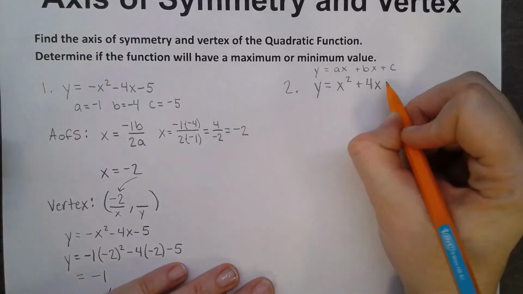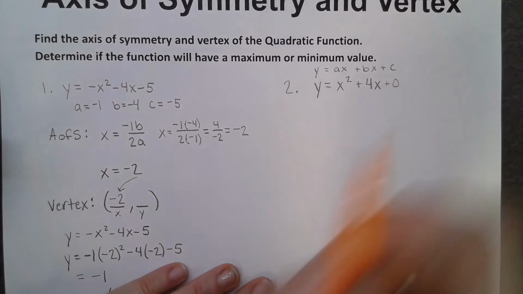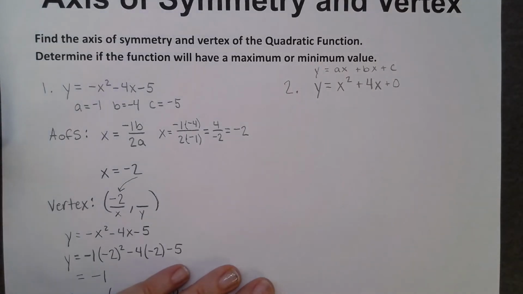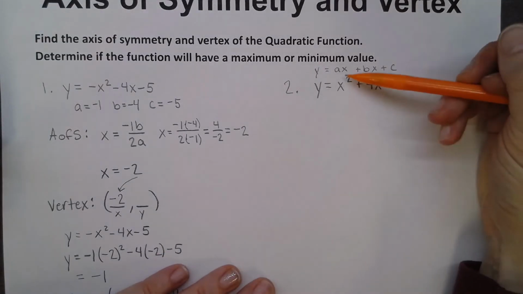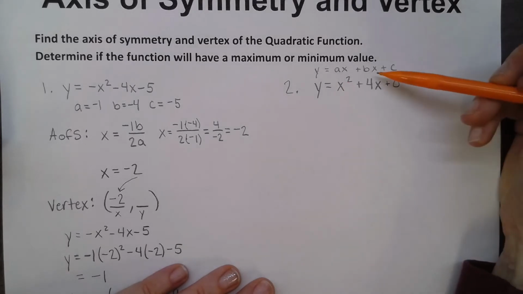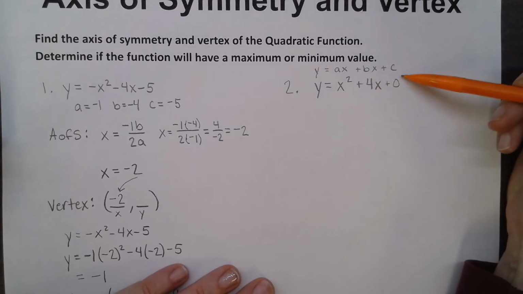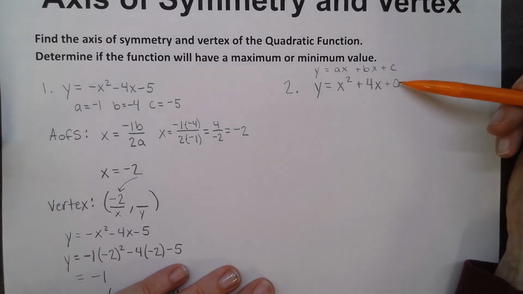So if you want to, you could add a 0, because that's what your c value is equal. Our ax squared term we have, our bx term we have, it's the c that's missing, but we could tack on a 0 if that helps you.